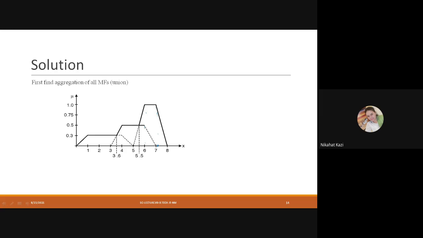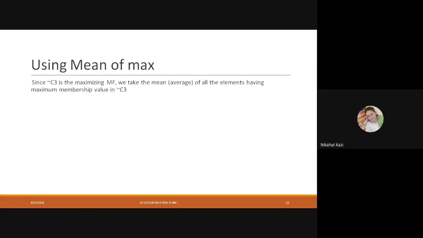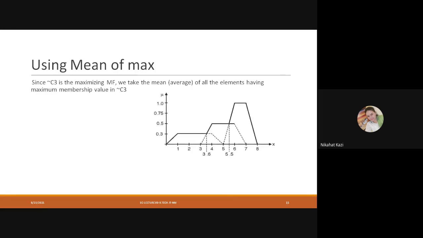So mean of max is nothing but the average of 6 and 7, right? What is the defuzzified value x star by mean of max? It is 6.5, right? That is simple.